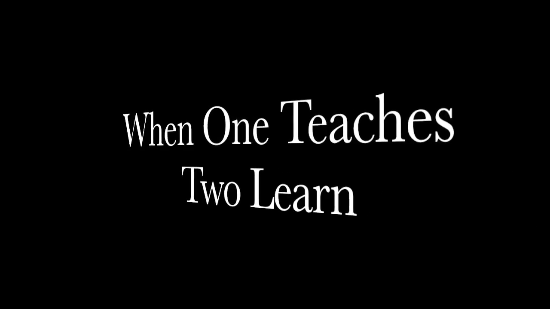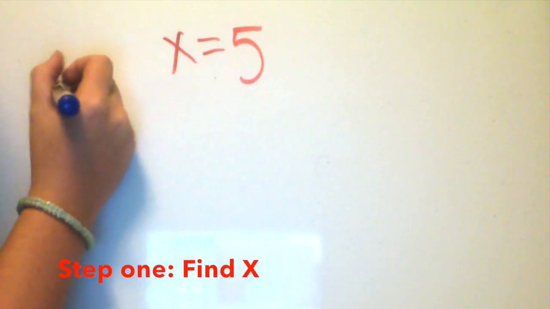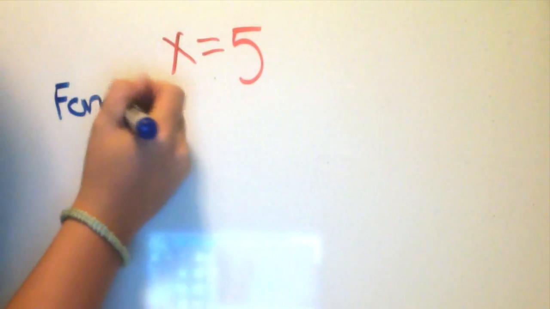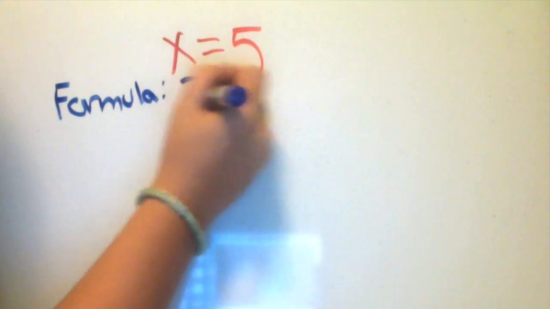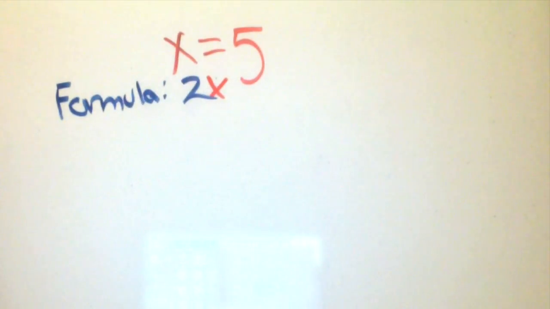Hello, today I will be demonstrating how to solve for y in an algebraic equation. Since we already have the x given to us, which is 5, we need to plug it into the equation, meaning we just need to replace the variable x with the actual number 5.